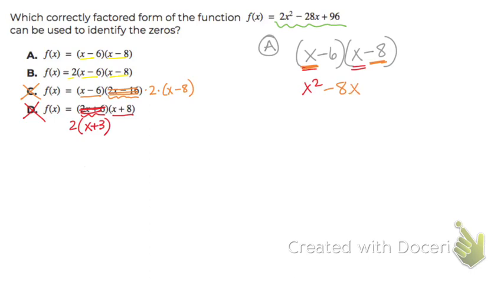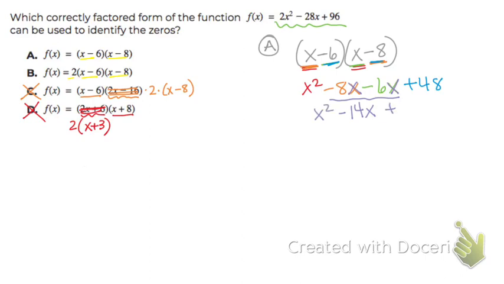The inside numbers, that's negative 6x. And the last numbers, that's positive 48. The last step is to combine our like terms. The like terms have the same variable, the same exponent, so the only ones that are alike are these two middle terms, which when I combine them, I get negative 14x.